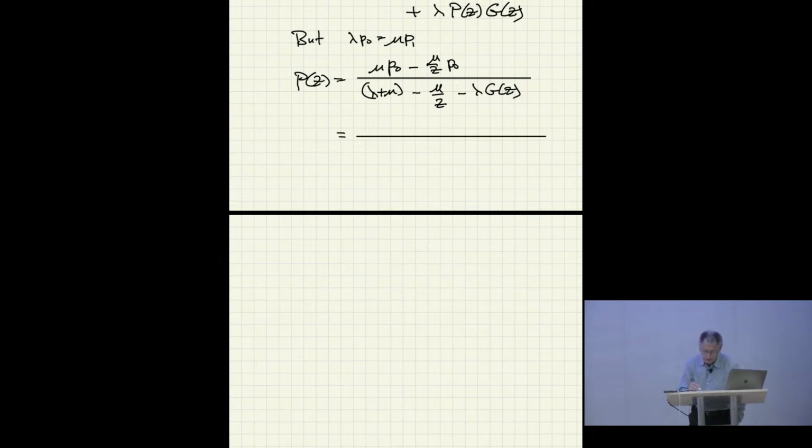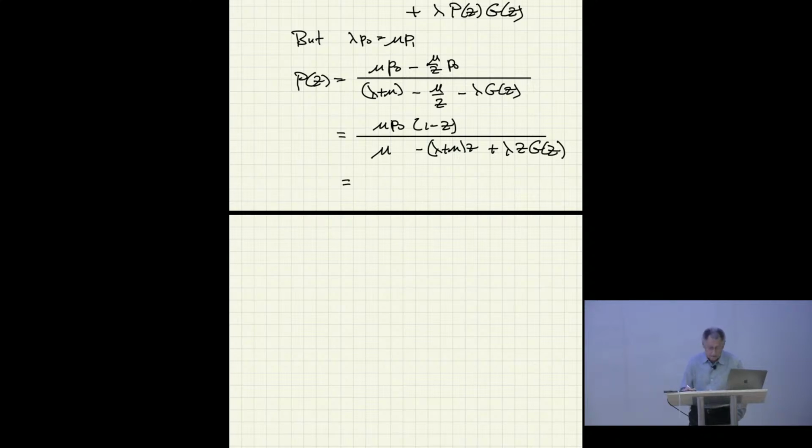I get a mu p0 times 1 minus z, and I multiply by minus z, and I'm going to get this lambda plus mu will come in the middle here, minus lambda plus mu times z. And the mu over z becomes just plus mu, and the minus lambda g of z becomes plus lambda z g of z. I just multiply by minus z.